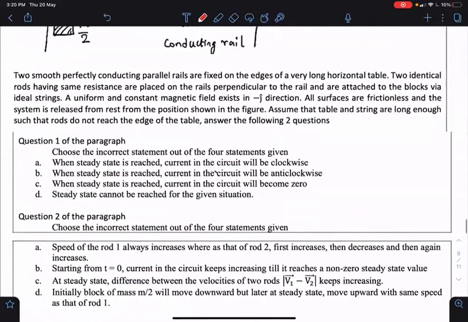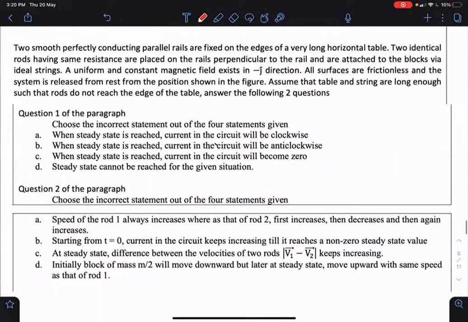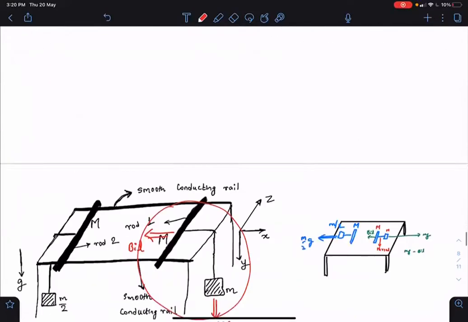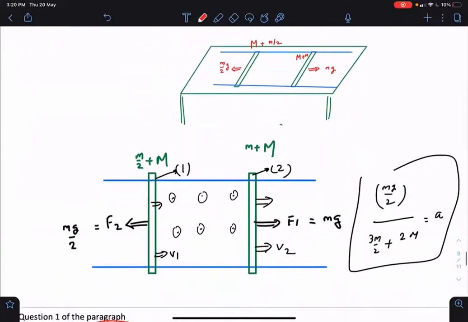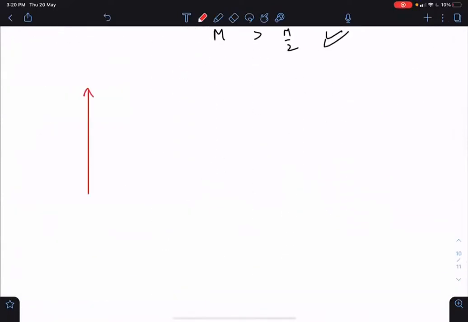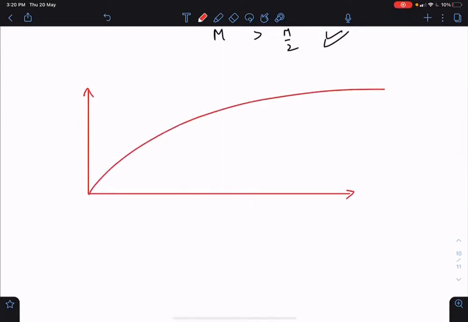Sir, steady state, is it for motion also, sir? No. Actually, this is a steady state only for current. If you plot current, then the current will be like this. So at a steady state, there is one single value of current.